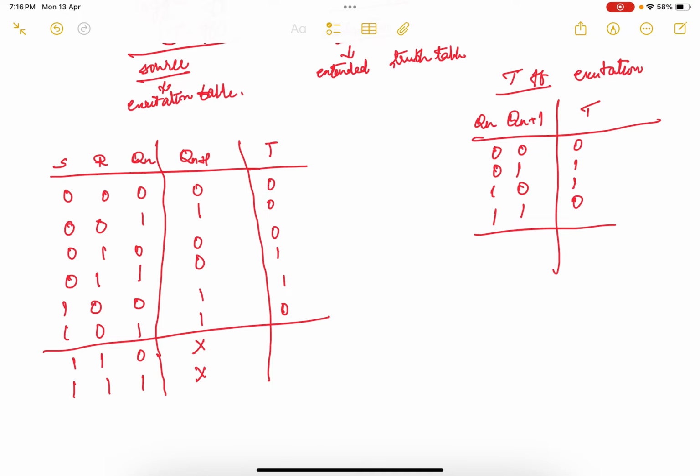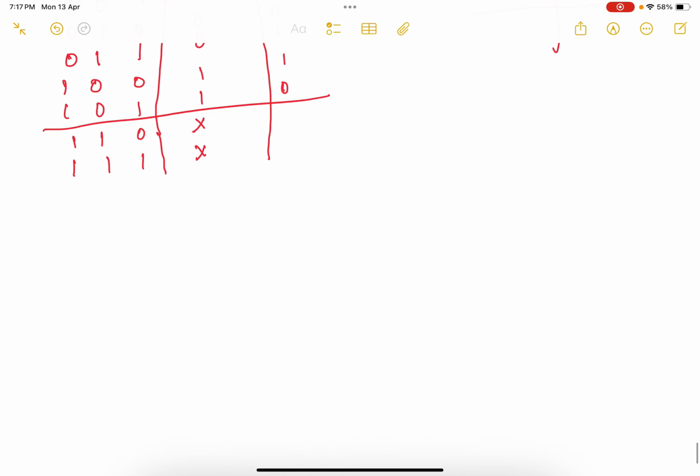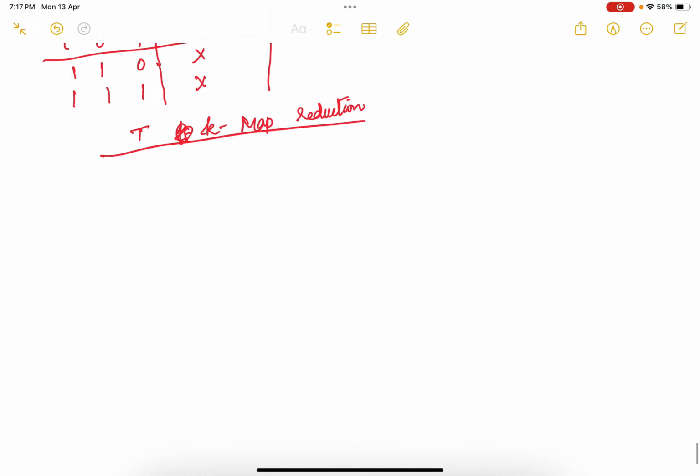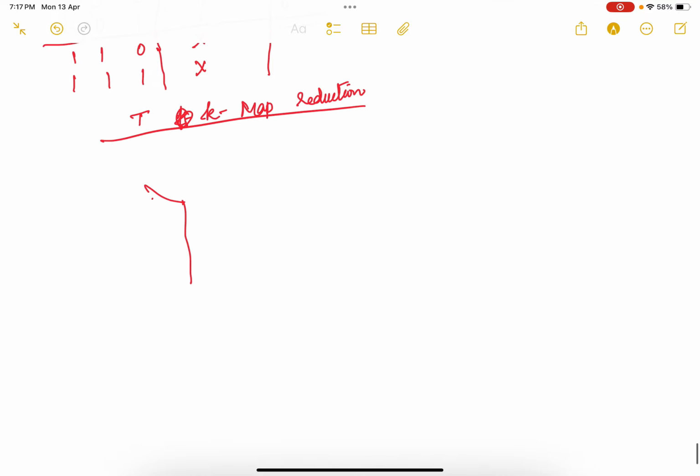Now we are going to draw the T. For the T we are going to draw the K map reduction.